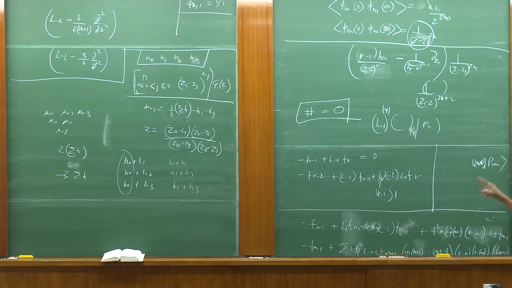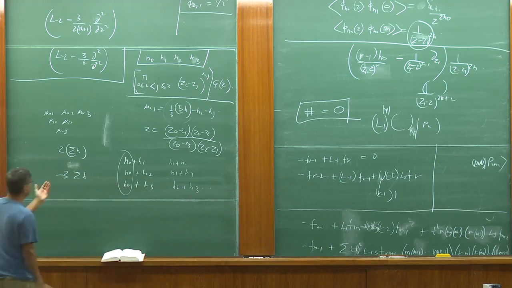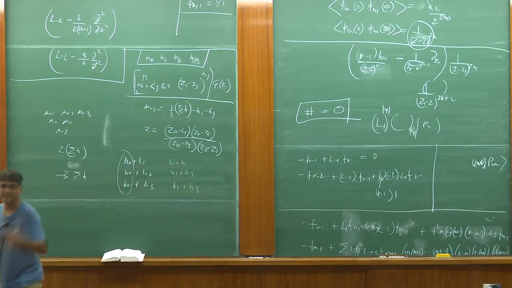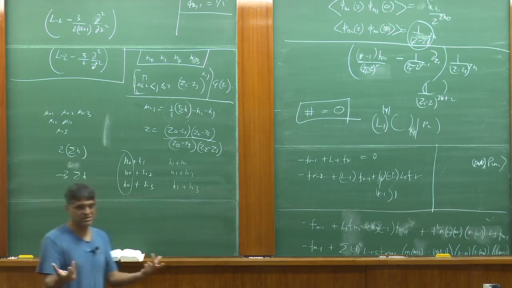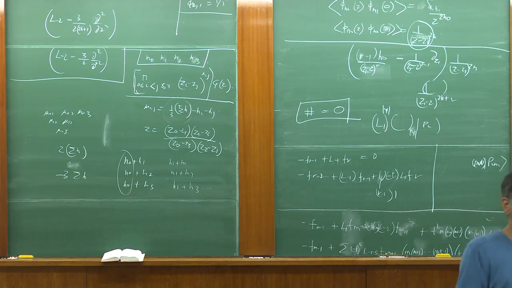Now if you play around with this form, you will find, for instance, in the case that you have 2 operators of equal dimension, let's say h0 and h1 had the same dimension, and h2 and h3 had the same dimension, then this prefactor can be written as 1 over z0 minus z1 to the power 2h0 times 1 over z2 minus z3 to the power 2h2, times maybe some function of this cross ratio.